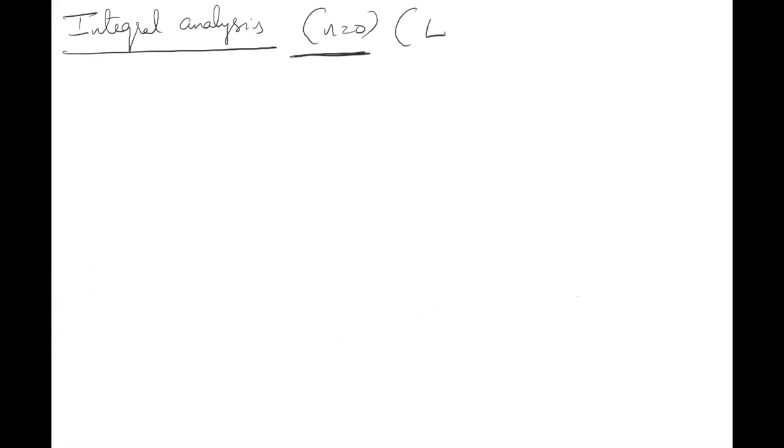Now let's do the integral analysis for n equal to 0, for a liquid phase reaction, and tell me what the model is, because we have done n equal to 1 and n equal to 2. For n equal to 1, CA equals CA naught into e power minus kt. For n equal to 2, 1 by CA minus 1 by CA naught equals k into t.